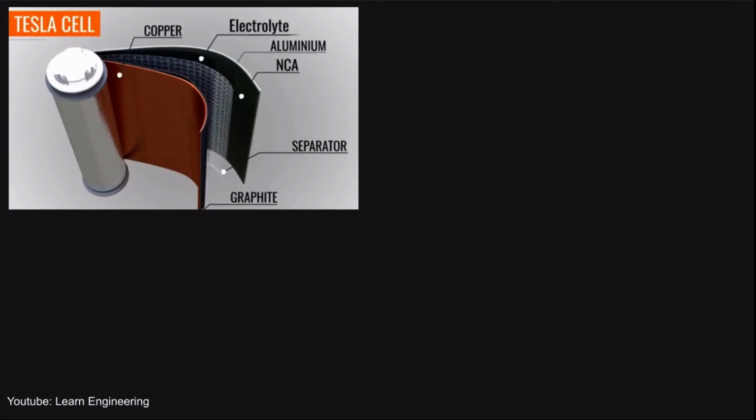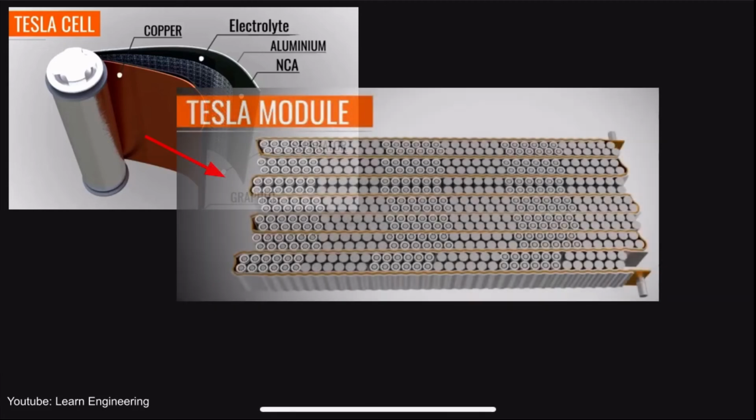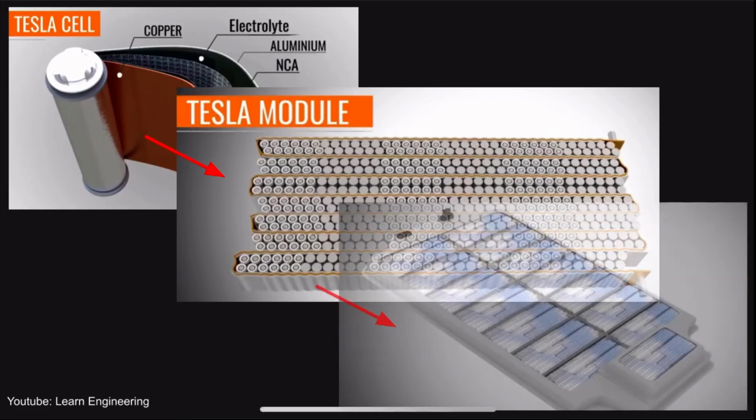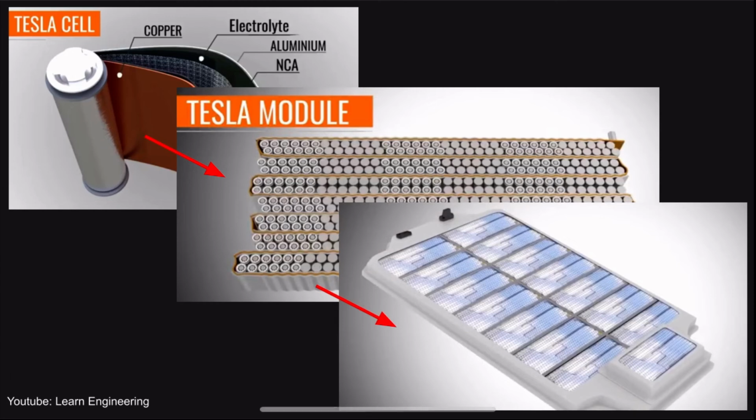This individual cell is then connected with other cells in series in a parallel fashion called a module. This module is then connected with more modules in series to form a battery.